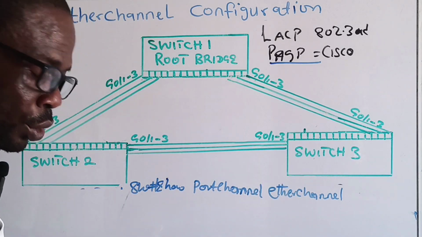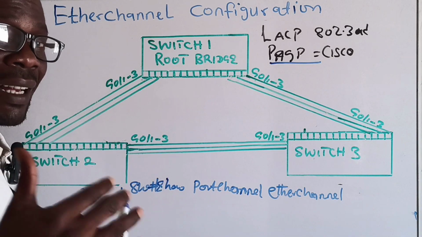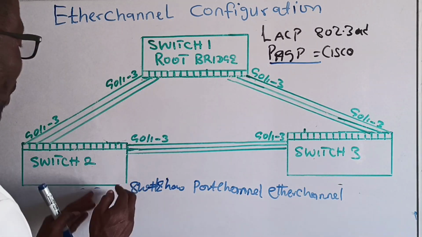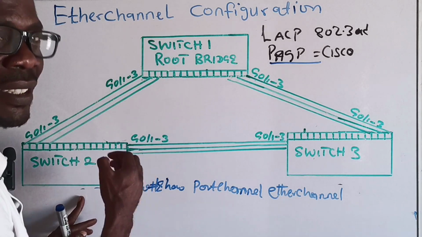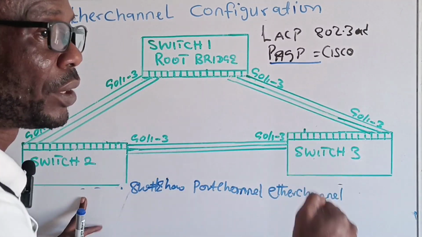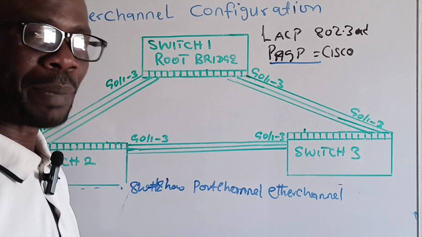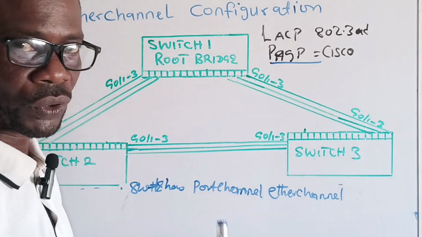You hit enter. You will now see the summary of what you have configured. That's the analysis of what you configured. What you will see there is one side: if it is this switch, you see it to be active or desirable. If on the other switch you configured passive or auto, you see it there.